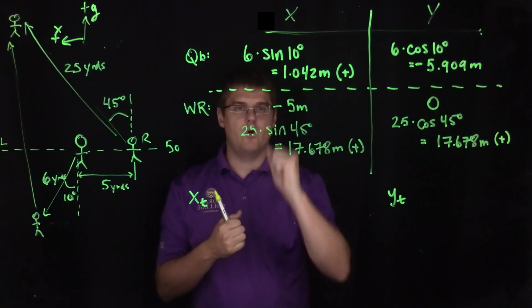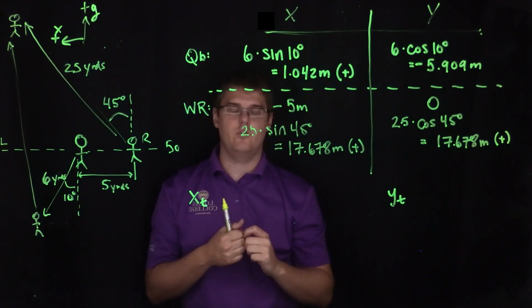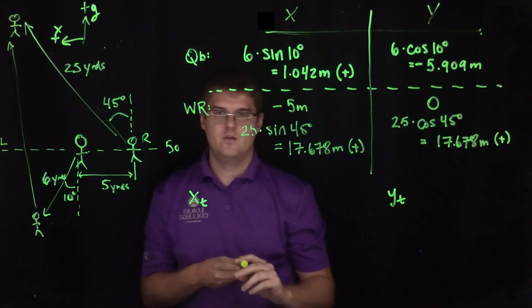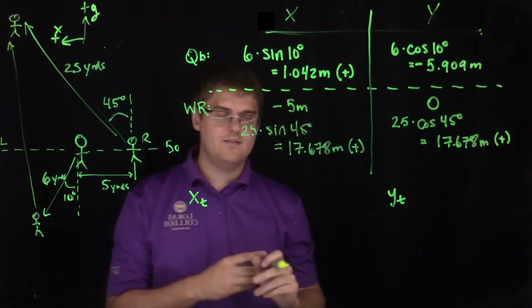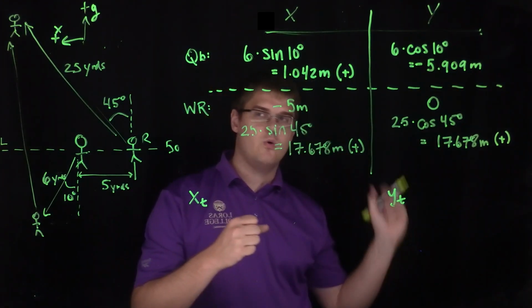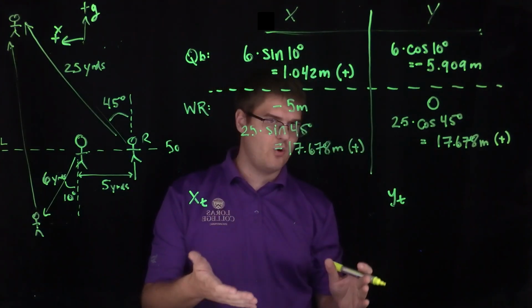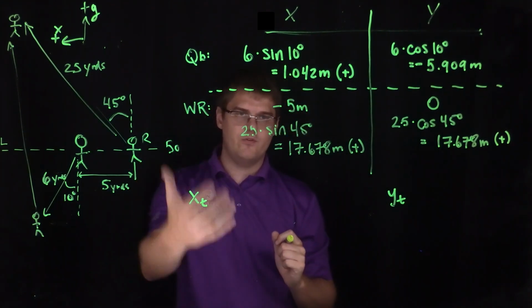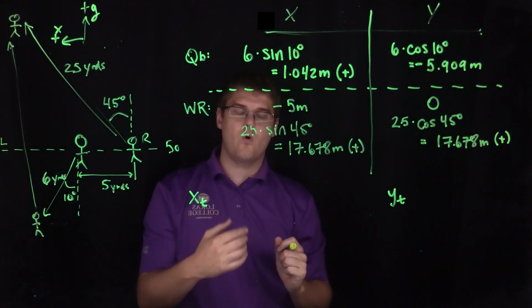And he will have to throw it further because of how far the wide receiver ran. Correct? So any distance the quarterback runs decreases how far he has to throw it. So if he runs forward and throws it, he doesn't have to throw it as far. Any distance the wide receiver runs, if the wide receiver runs further forward, the quarterback is going to have to throw it further.